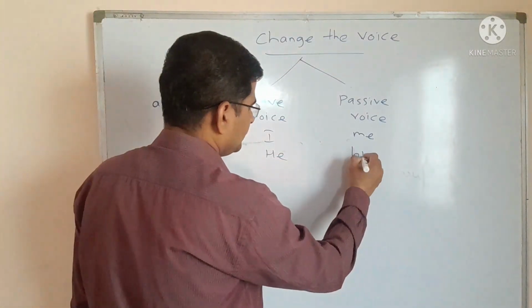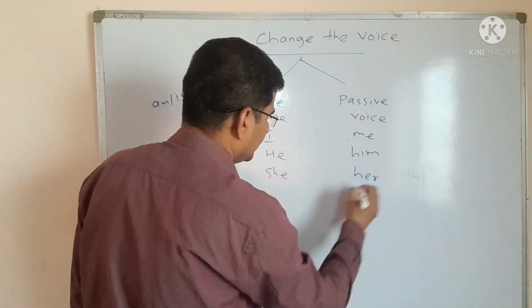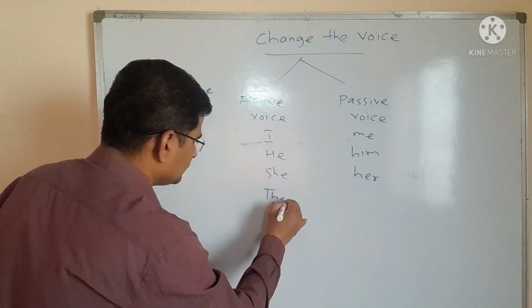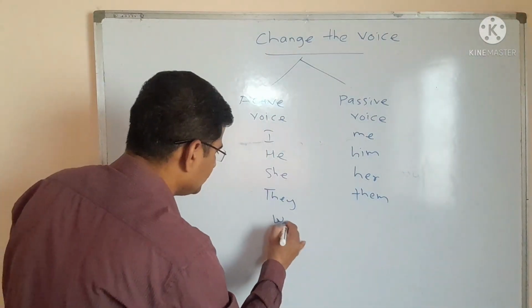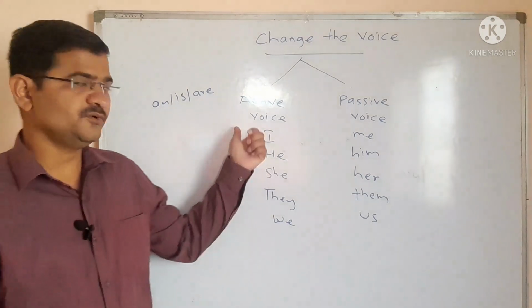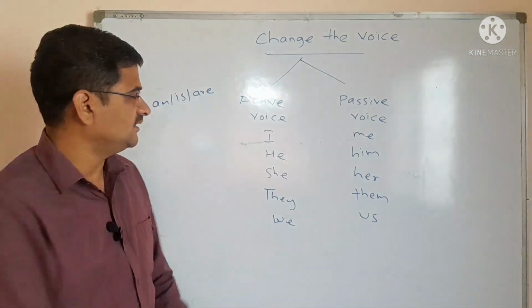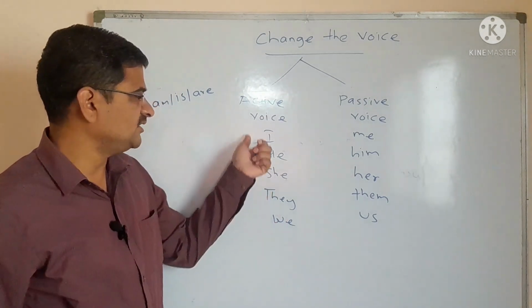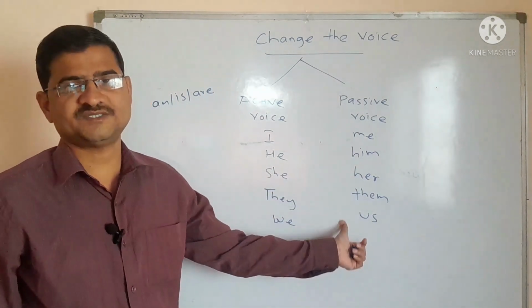He, him. She, her. They, them. We, us. In this way, you have to remember these words. These are the words which are used in the active voice. These are the words which are used in the passive voice.